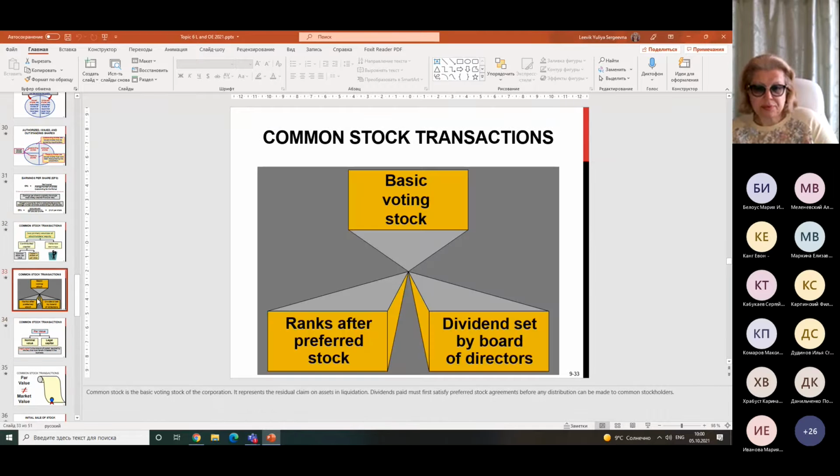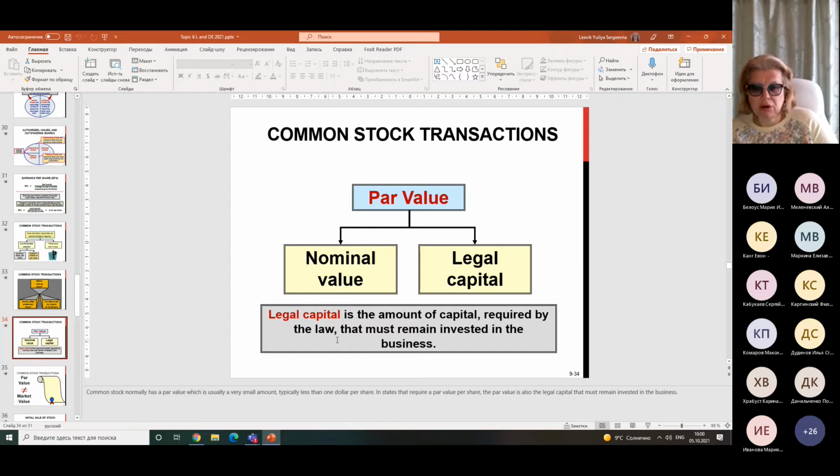So what is the basic characteristic of the par value? There are two possible characteristics of par value. First of all, this is the nominal value and legal capital. The legal capital is the amount of capital required by law that must remain invested in the business. It's also important when you register a company, you should meet legal requirements for the capital.